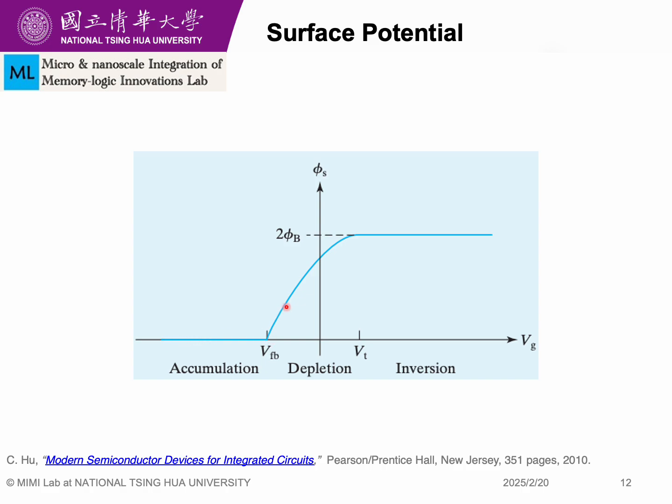Beyond flat band it starts to increase steadily, and once it reaches the threshold, it reaches twice the value of phi b, when the channel is inverted and the inversion region starts, and then it stops increasing, it becomes constant. That's what we learned. So if we apply more voltage beyond Vt, then our oxide will soak up the voltage.